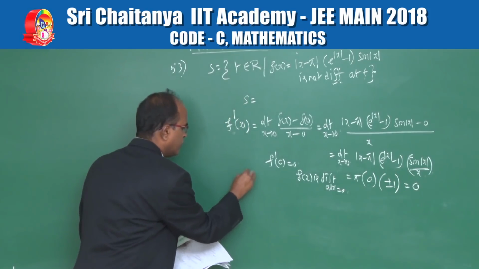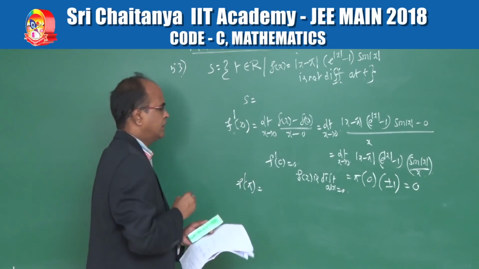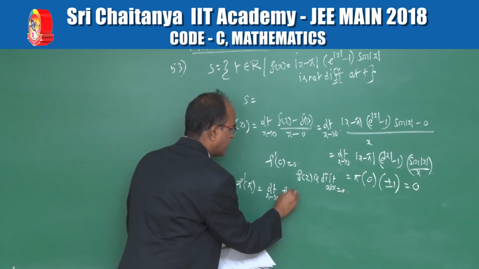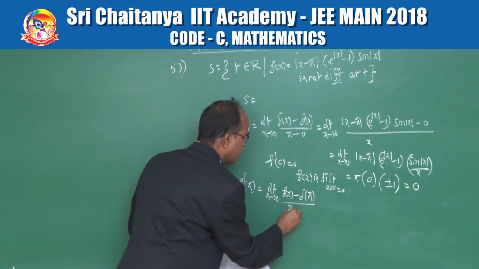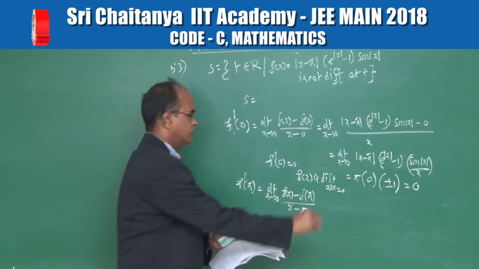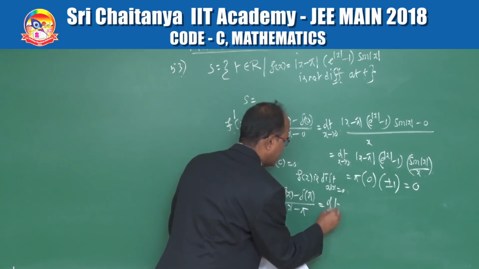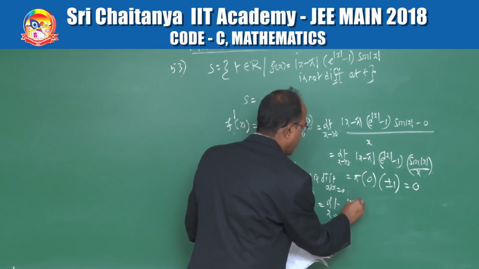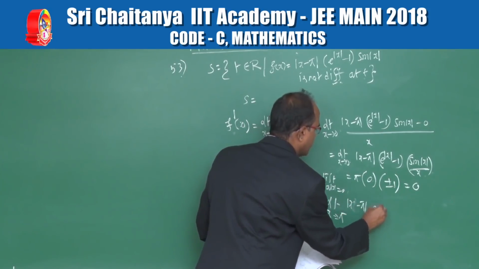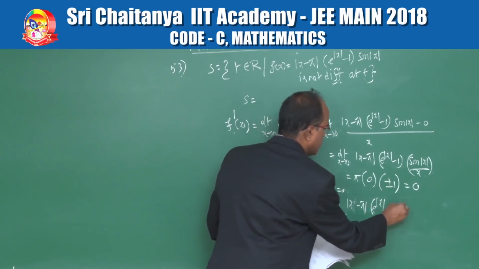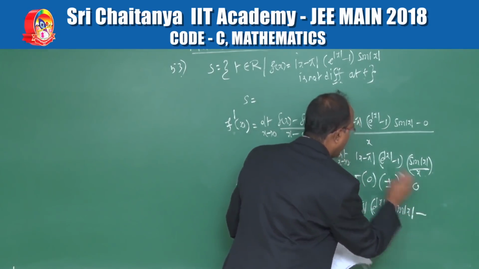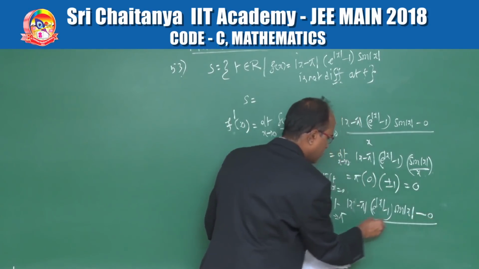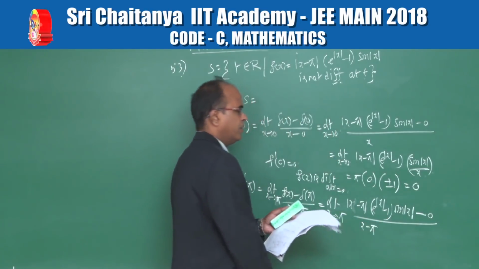In the same way, if you calculate f dash pi, by definition it is limit x tending to pi of f of x minus f of pi by x minus pi, and f of x is again mod x minus pi into e power mod x minus 1 into sine of mod x, minus f of pi, which will again become 0 because of mod x minus pi, by x minus pi.